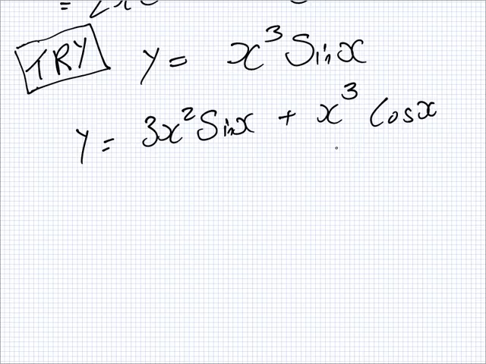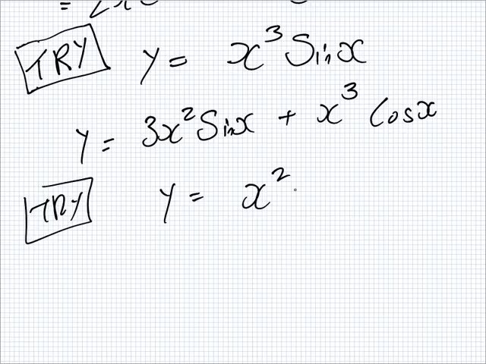And that's the answer then. Okay, let me give you something a little bit more difficult now to try. See if we can figure out how to deal with triple.